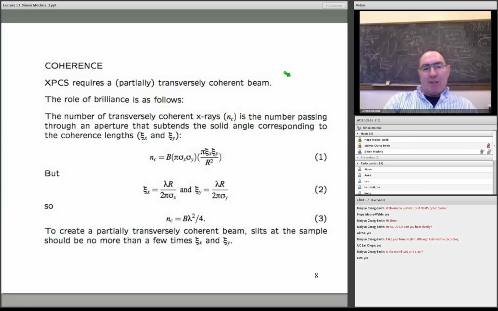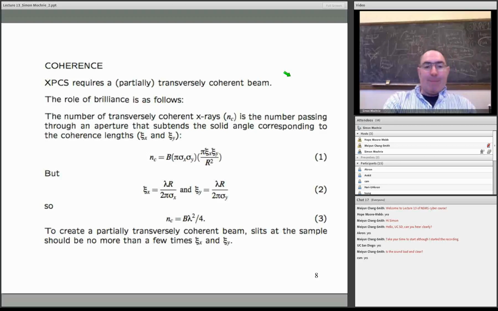So as I've mentioned, XPCS requires a partially transversely coherent beam, and that means that the wavefront that's hitting the sample should effectively be a plane wave as it comes into the sample, so that everywhere sees the same phase and scatters with the same phase off to the detector.